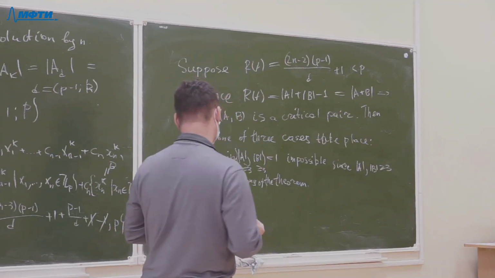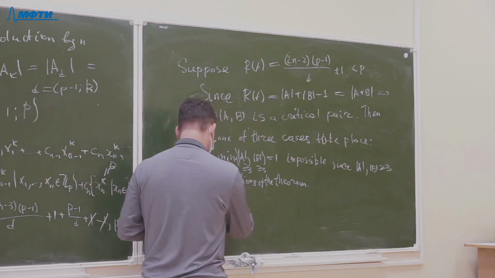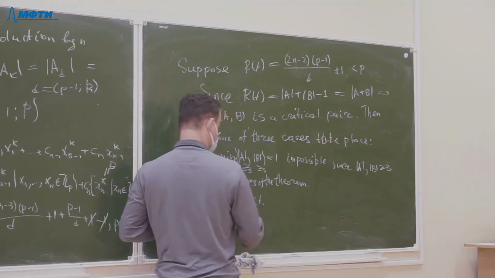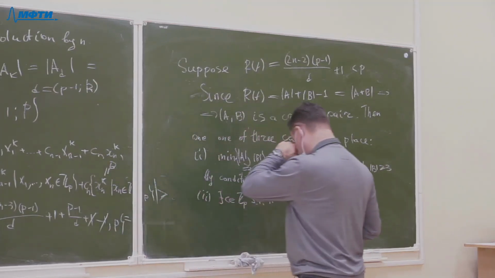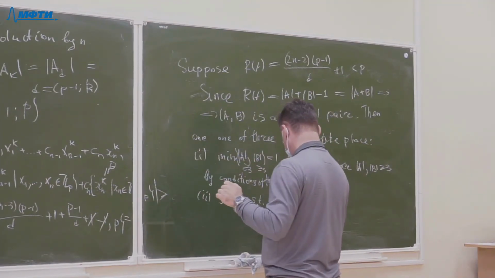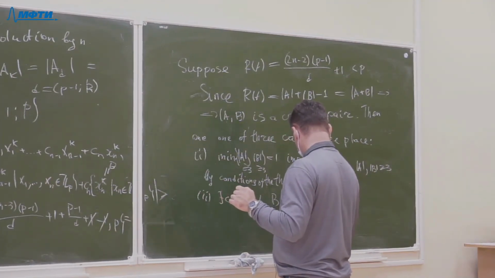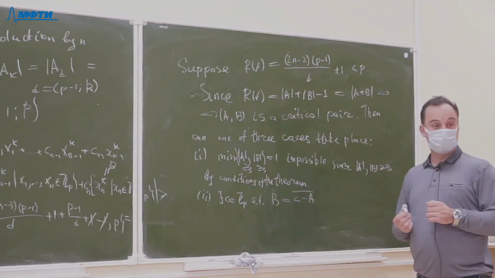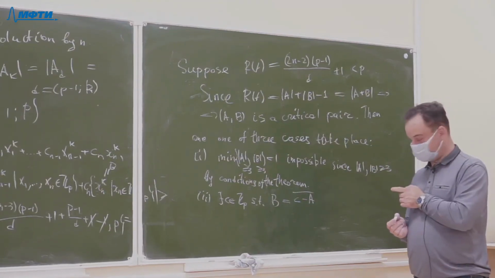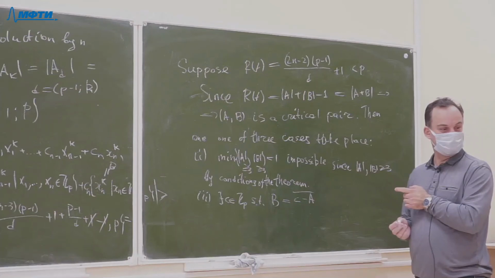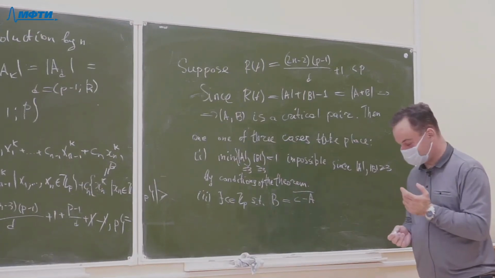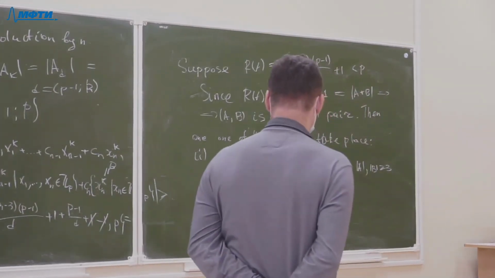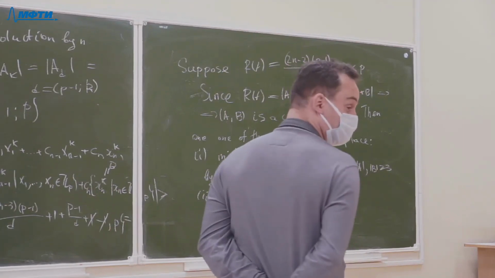Second case: there exists C from ZP such that AB is C minus A complement. Why is this case impossible?